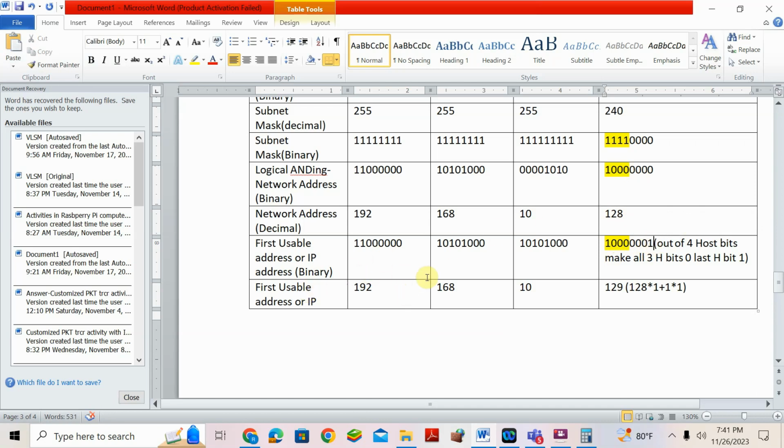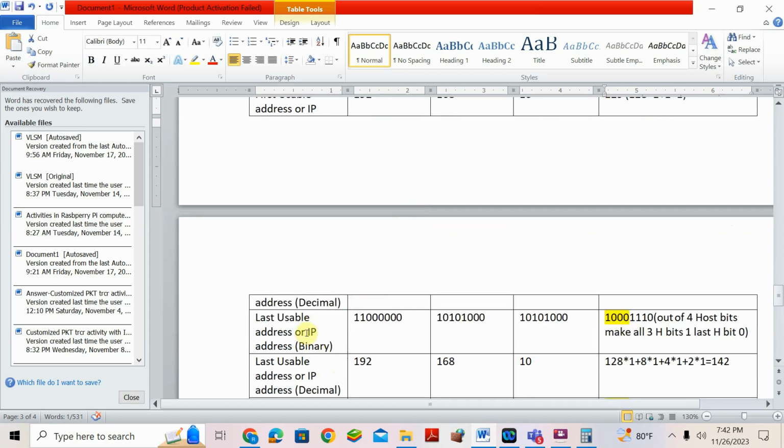First usable will be 192.168.10.128 plus 1, so 129 is the first IP. Or you can say network is 128 means the first IP will be 128 plus 1, that is 129. The theory is, out of four host bits, make the first three zero, last one one. So you'll get 128 plus 1, 129.